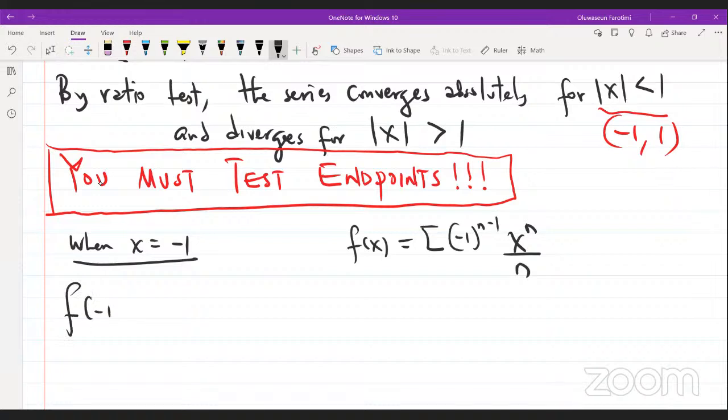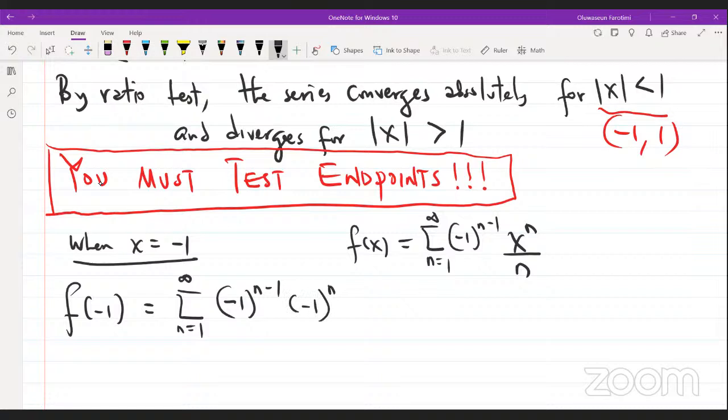So f of -1 is the sum from n equals 1 to infinity of (-1)^(n-1) times (-1)^n divided by n. Interesting. Now, this I can rewrite as, n equals 1.